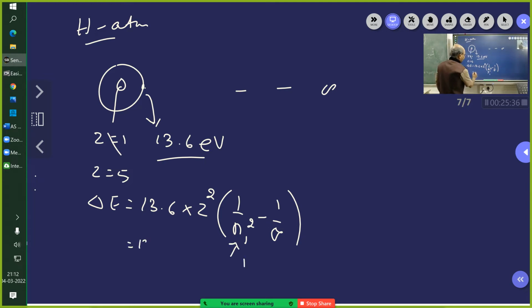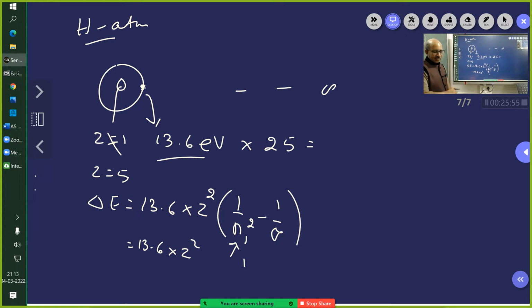So the formula simply reduces to 13.6 into Z square. Therefore, the energy required to knock off the electron from the first orbit to infinity will be this multiplied by 25.